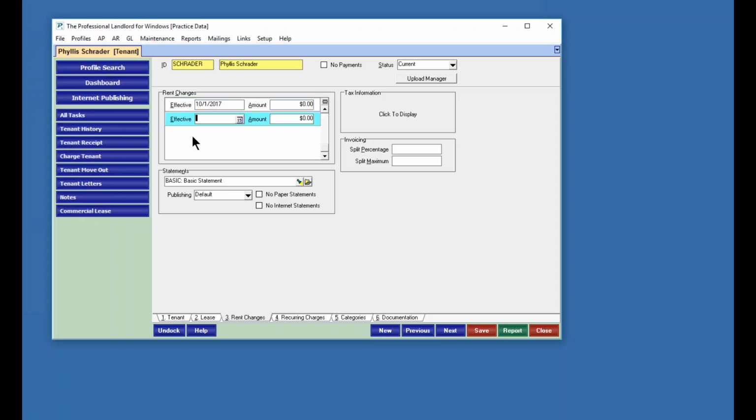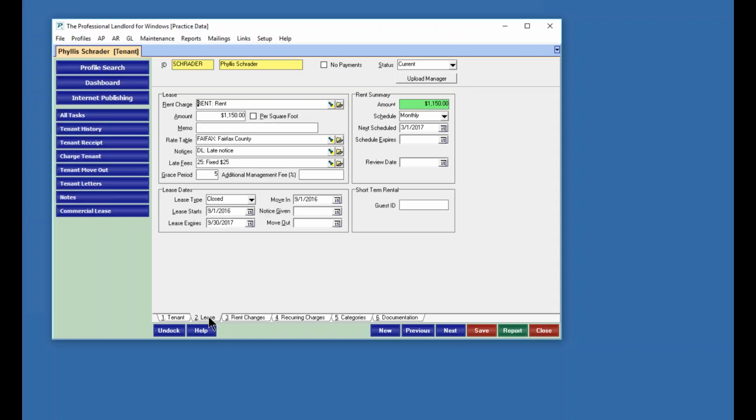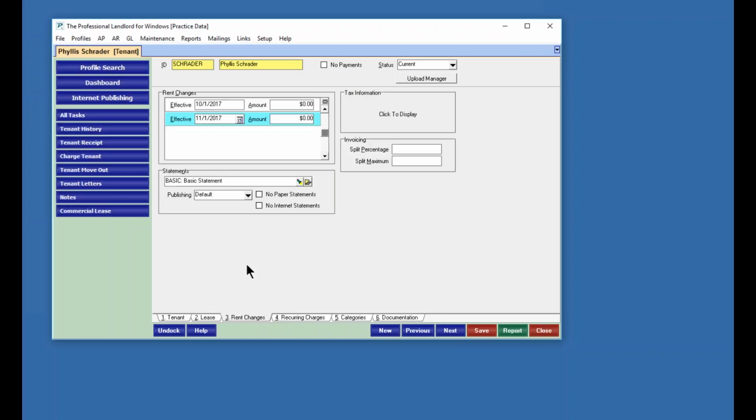And then effective on 11/1, the rent's going to go back to what it was, $1,150. So on 11/1, it's going to go back to $1,150.